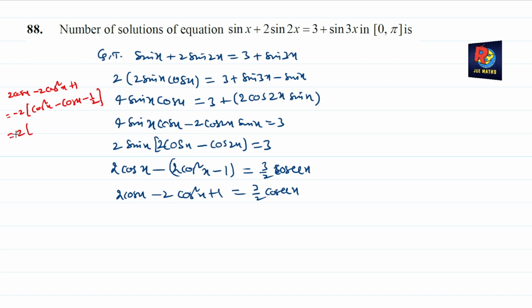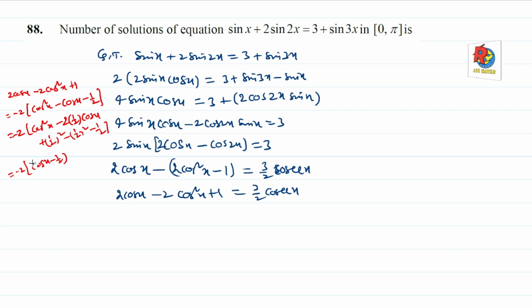We need to use the completing the square method here. Multiply, divide, and add 1 by 2 whole square and subtract 1 by 2 whole square. Already minus 1 by 2 is there. So minus 2 into (cos x minus 1 by 2) whole square.